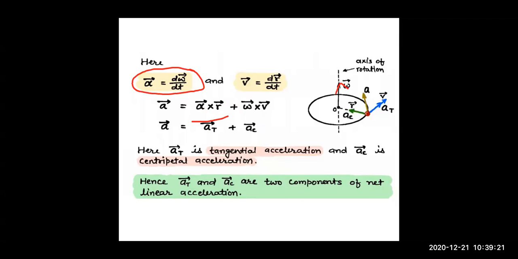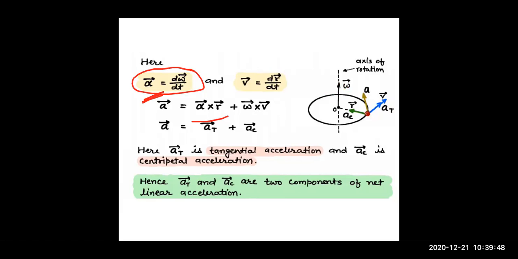So the direction of the angular acceleration and the angular velocity will be same if the speed of the particle is increasing. So children, if the speed of the particle is increasing, then the direction of angular acceleration, that is alpha, will be along omega. वो omega के along होगा.